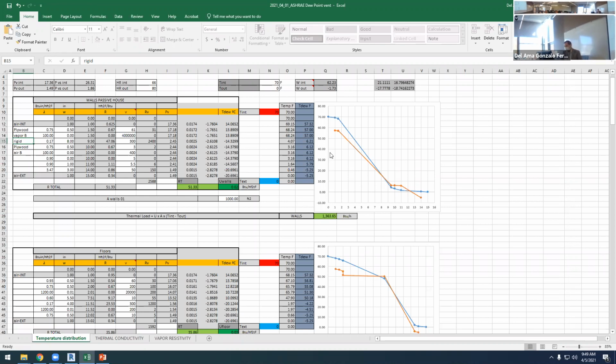With rigid insulation, first, we reduce the risk a lot. And second, even if we have some condensation, it's not affected. So that's why when I was a student, my teachers showed me these graphics, and I believed them. But now I found out that rigid insulation has a very high carbon footprint.